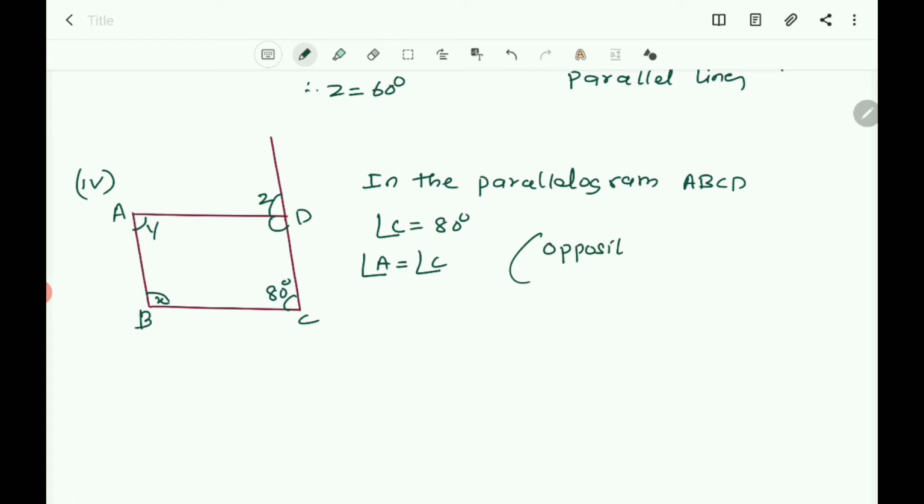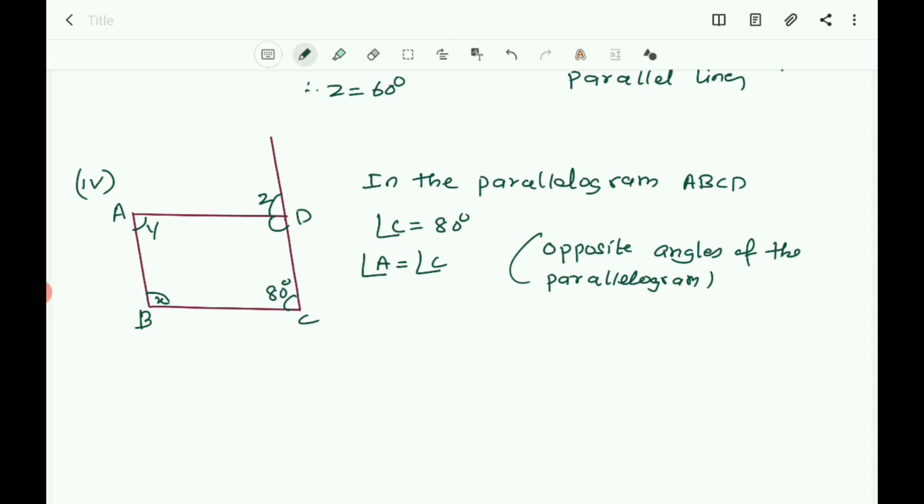Opposite angles of the parallelogram. Here you must see the previous video in which the properties of parallelograms are discussed. With the help of this video, you can solve the questions in this exercise easily. So you are clear about that.